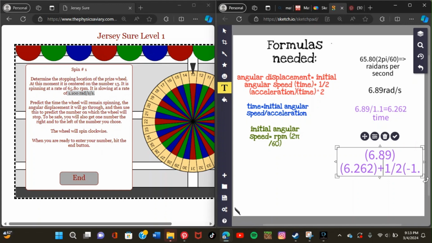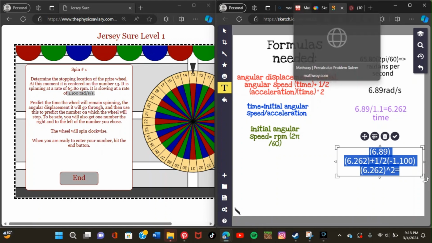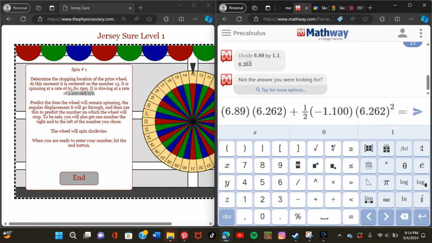So it's going to be 1.100. And then the time again, which is 6.262, sorry. And then we square it by 2. And that's how we would find this, the angular displacement.